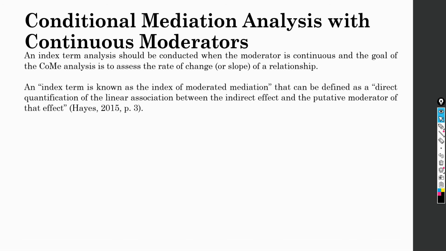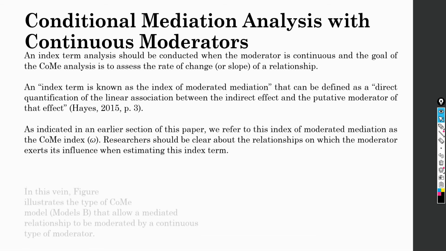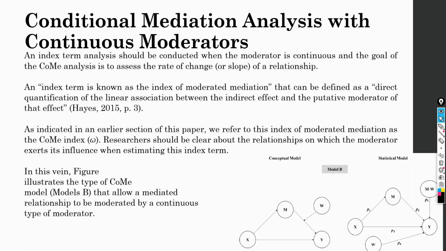Okay, we have already talked about this. Index term is known as index of moderated mediation. Now we will find out the index of moderated mediation in this particular case, because this model is different than what we did earlier in the last model where the moderator was moderating a different relationship.